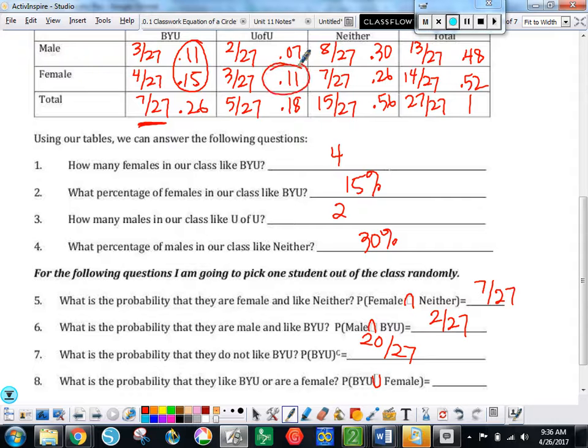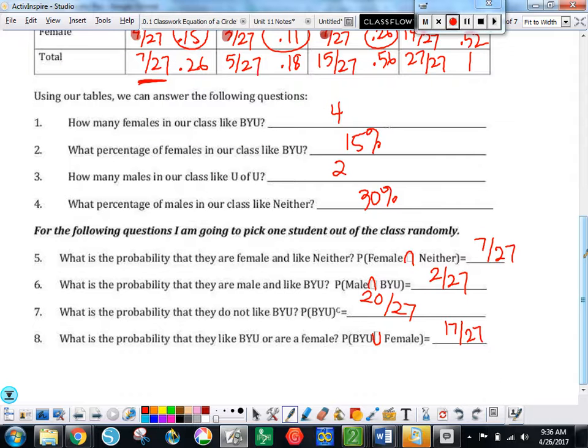I circled the wrong one, that's okay. So how many is that? I've got 7 here, 3 here makes 10, 4 plus this one, 13. Is that okay? Kind of a review from yesterday, right? We looked at the chart yesterday. Okay.